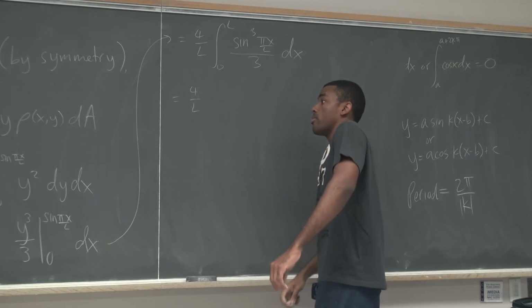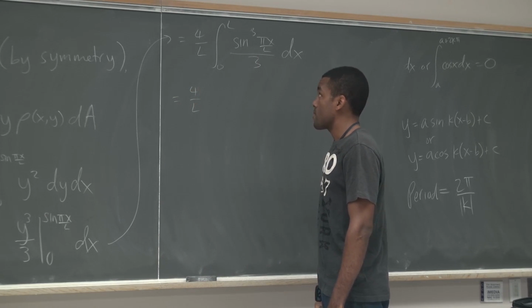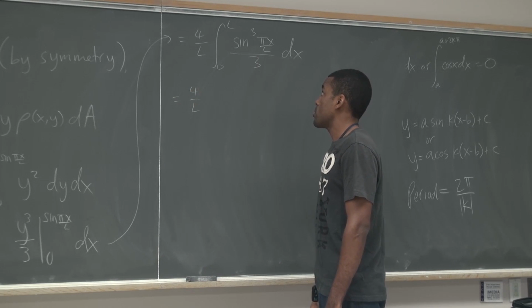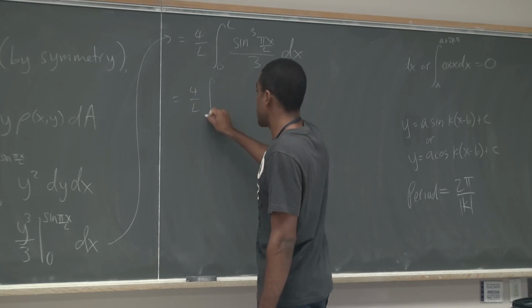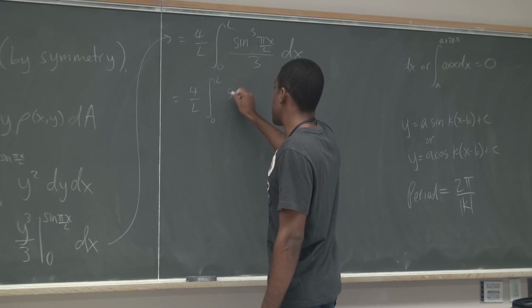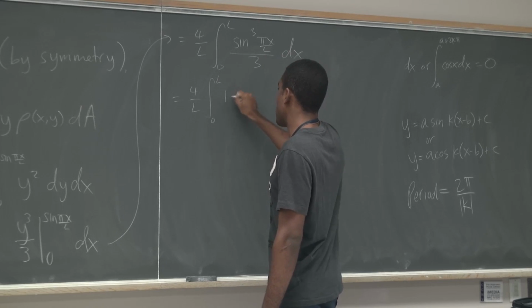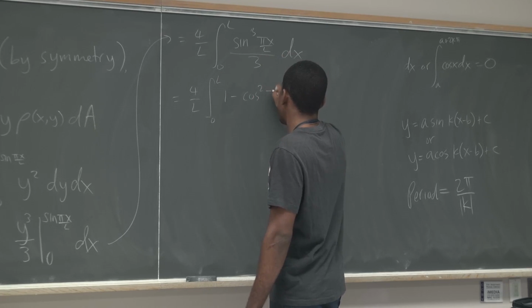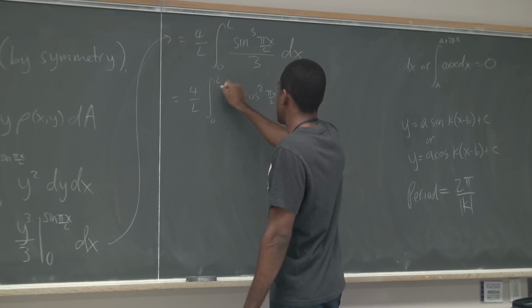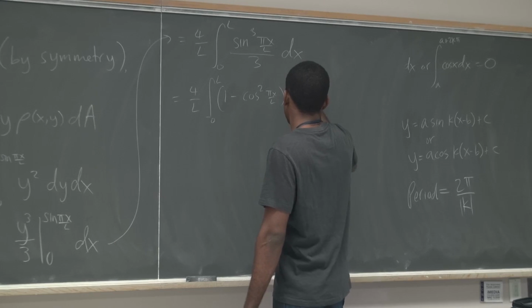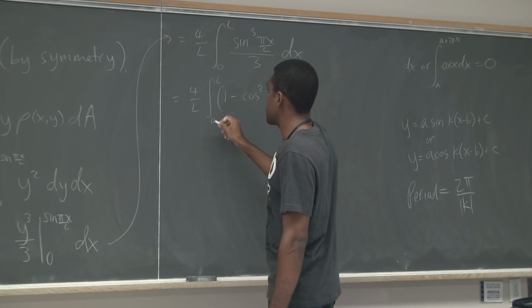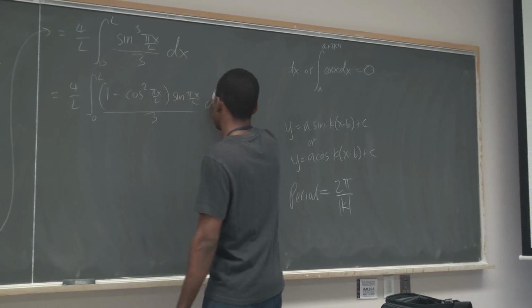Okay, how do I integrate this one? Sine cubed pi x over L. Right, so we split this up into sine squared, which is just 1 minus cosine squared pi x over L, times sine pi x over L, over 3 dx.